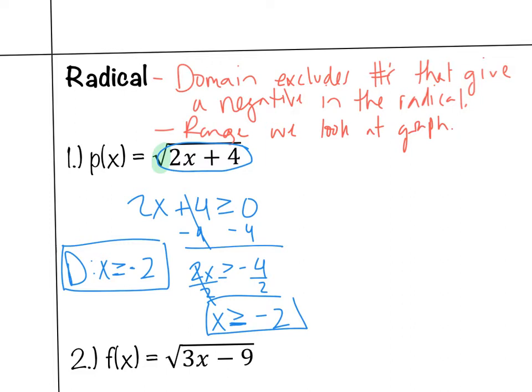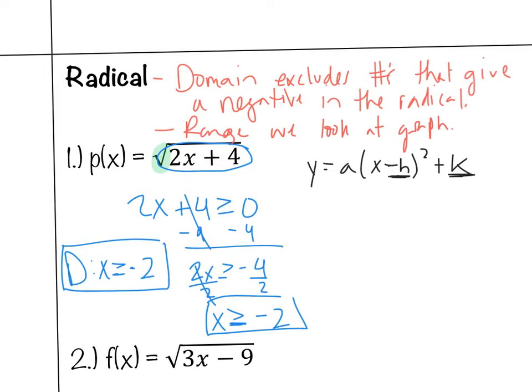Remember, in transformations of functions, we did this with quadratics, where it was y equals a(x minus h) squared plus k, where h was your horizontal transformation and k is your vertical transformation.